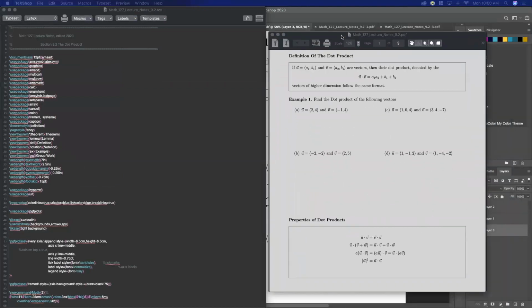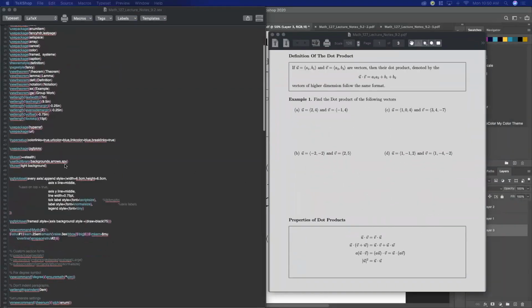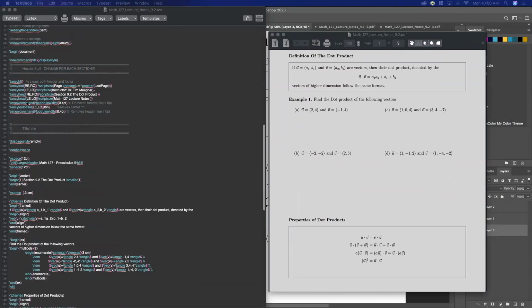I look at the notes and I'm going down here. Here's headers, footers, and all this. This is what they call LaTeX. And so here I have to put in the code for the angle brackets, the vectors, and the dot product denoted here.